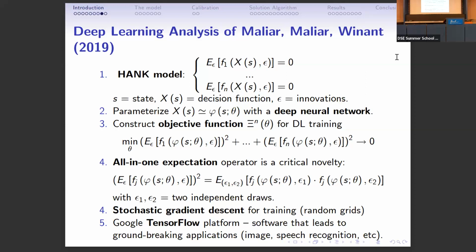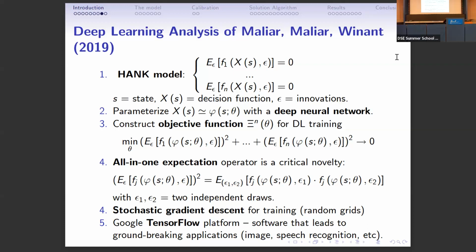We parameterize the decision function by a deep neural network phi, which depends on the state and parameters theta that we define by training the machine. And then in this paper, one of the objectives that we proposed was to minimize the sum of squared residuals of the equations. So ideally, this should be equal to 0. In practice, it will not be. But while you're doing this, you find this vector of parameters theta.